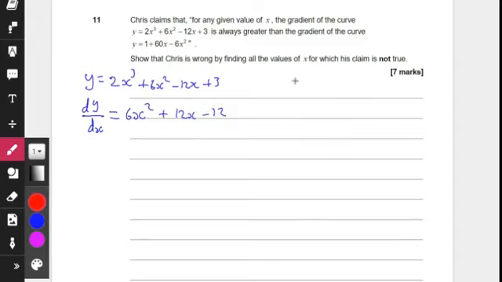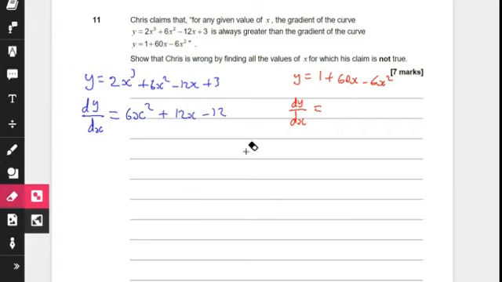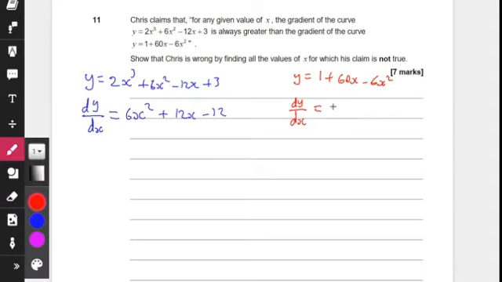And for the other one, we have y equals 1 plus 60x minus 6x squared. So we have the dy/dx is equal to 1 plus, no, gosh, that's the lie. dy/dx is equal to 60 minus 12x. All good?